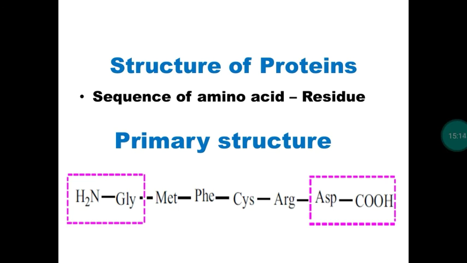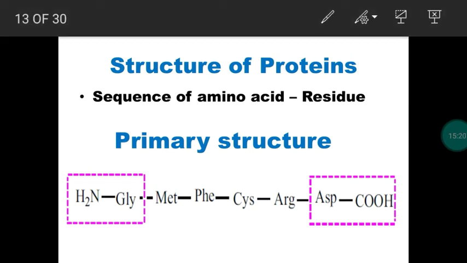Next, a very important 5-mark question: explain the structure of protein. In the structure of protein, this word will be repeated often: residue. Residue, don't think that this is a precipitate. Here residue represents a sequence of amino acids. It means a polypeptide chain, how the amino acids are arranged to make a polypeptide chain.